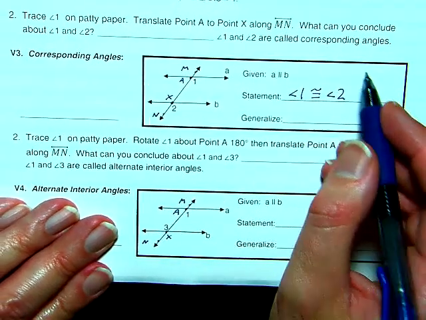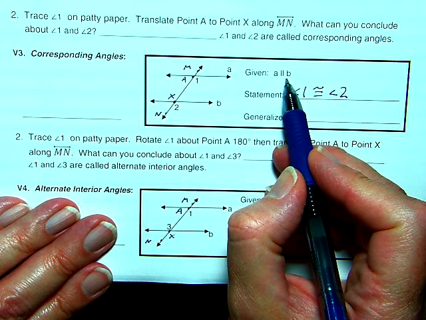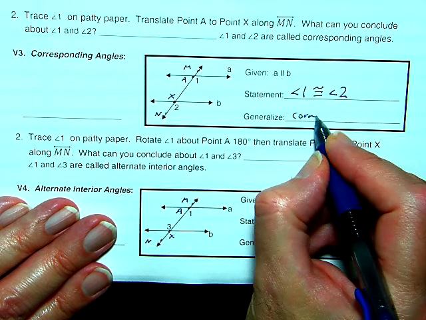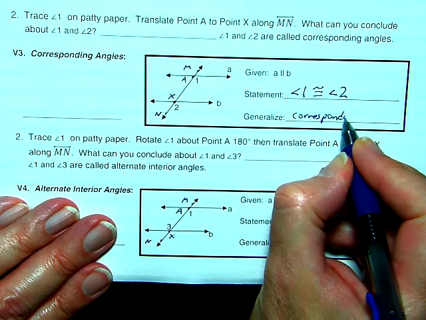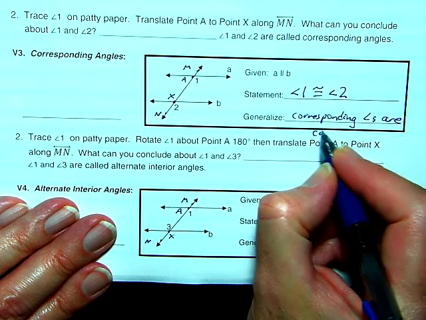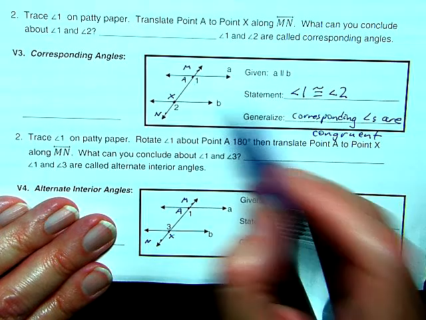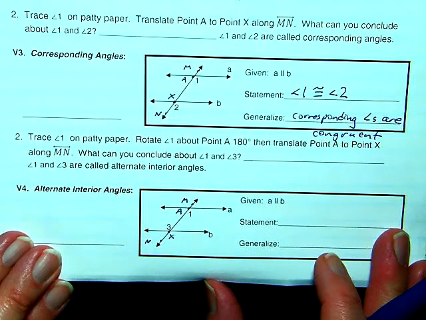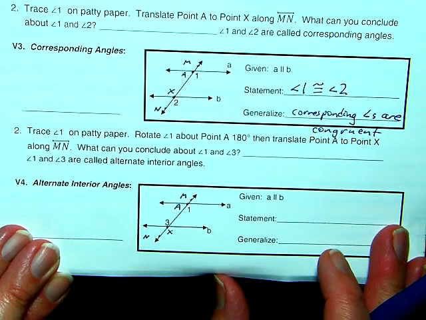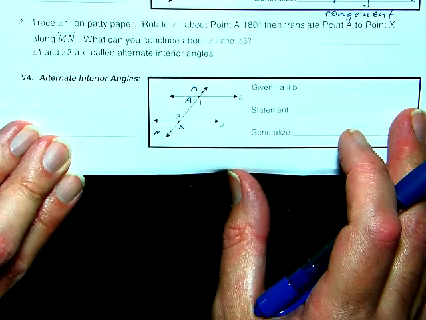So the generalization is going to be that if lines A and B are parallel, then corresponding angles are congruent. We proved it for 1 and 2, but using this transformational proof, we could prove it for all corresponding angles. Well, let's go down to our second problem here.